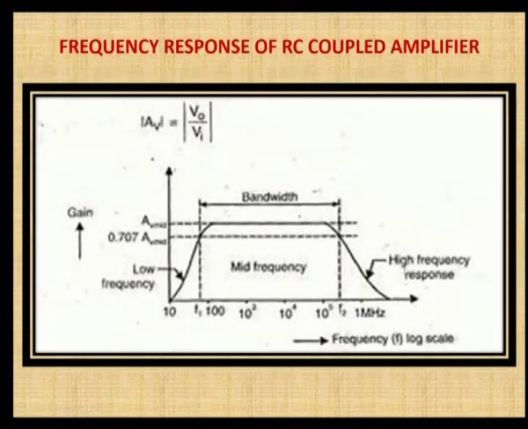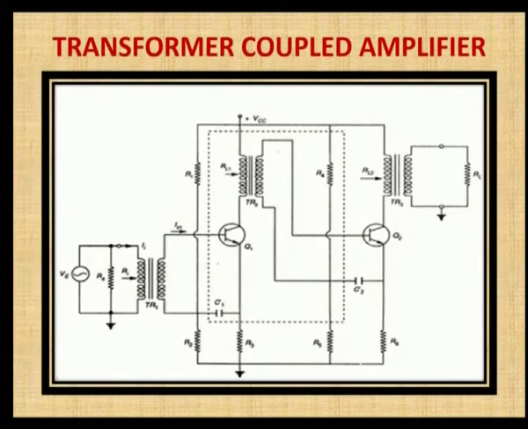So, you will get the frequency response of the RC coupled amplifier as this. In mid frequency you have a higher gain, and for the lower and higher frequencies the gain is reduced.